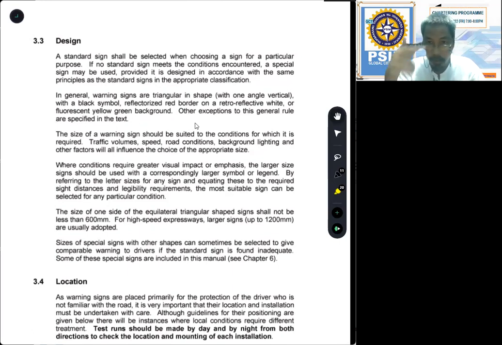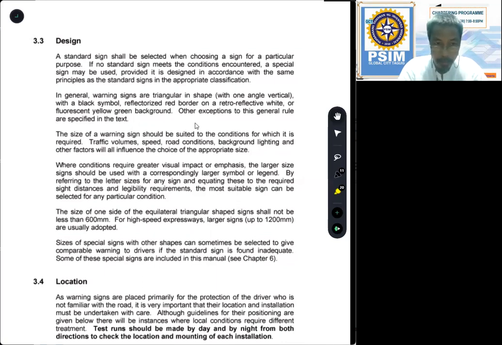Legibility, the visual acuity of the road users or the drivers. The most suitable sign can be selected for any particular condition on the ground. For example, when it is near the beach, the reflection of light on the surface of the water would be so much, unlike in a high-altitude area. So there are differences in conditions.